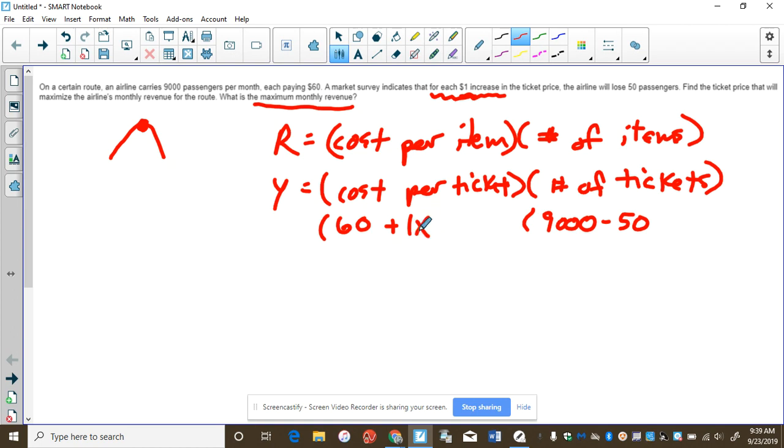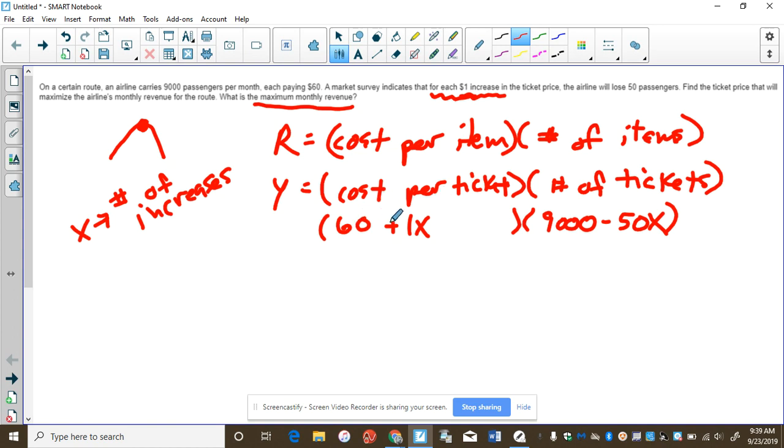If we multiply that times x, x is the number of increases. If I increase this $5, then I lose 50 passengers times 5, right?